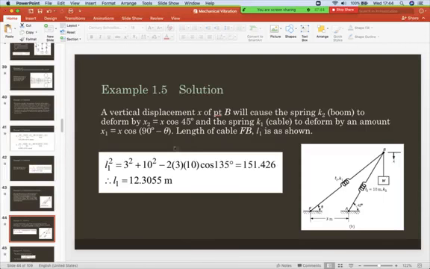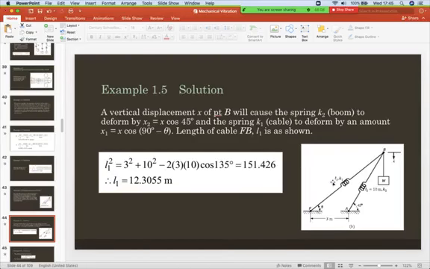This one, x cosine. So where is x? This one. Cosine 90 degrees minus theta. Length of cable FB, l1, is as shown. No? Where's the length of cable FB? So this one, FB. So that's l1 as shown. So what is l1? So l1 squared equals 3 squared. So what is 3?